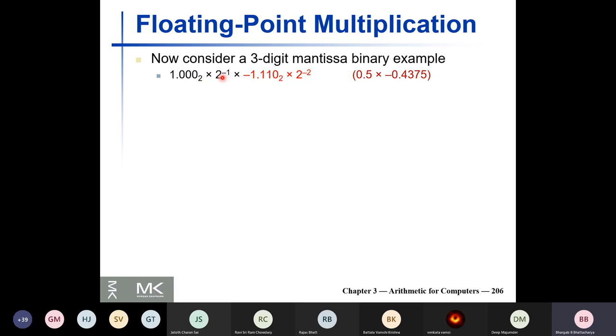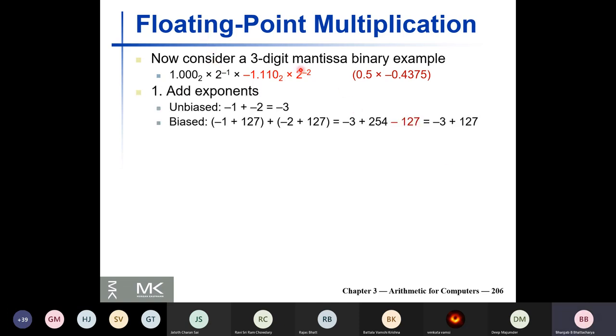We have a positive number and a negative number, and we are going to multiply them. In case of multiplication, what I need to do is add the exponents. I don't need the exponent comparison and equalization, so that part becomes simpler. Multiplication means you add the exponents and then multiply the significands. No balancing is needed.